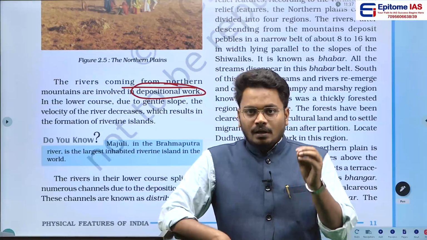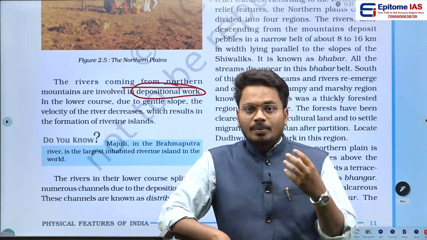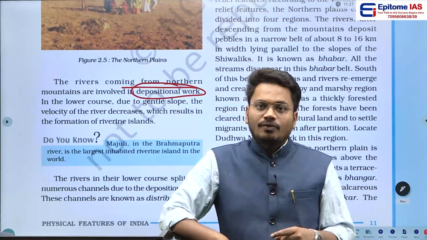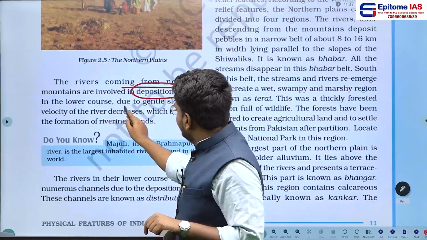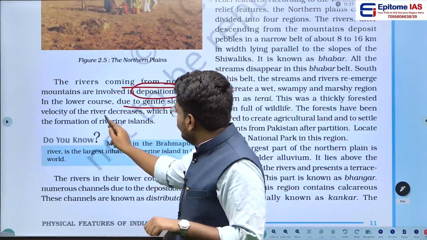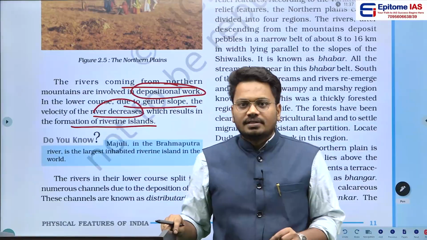He is reiterating that these plains are formed because of the depositional activity of the rivers. Now, in the lower course, due to gentle slope, the velocity of the river decreases, which results in the formation of riverine islands.